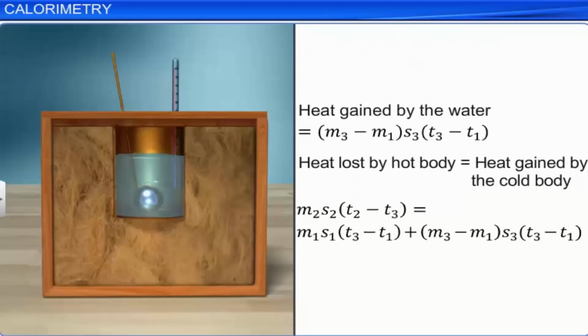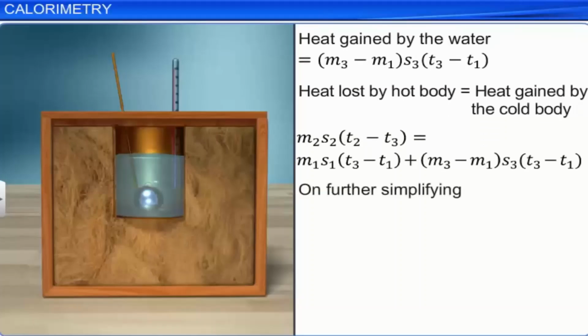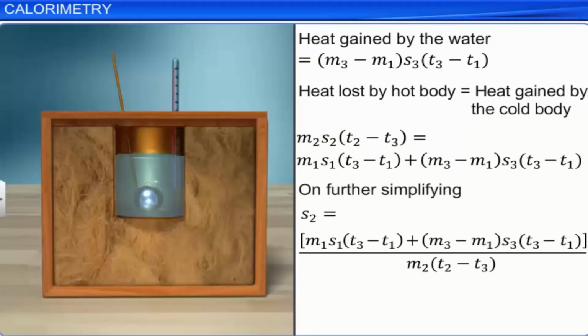On further simplifying, S2 equals [M1 into S1 into (T3 minus T1) plus (M3 minus M1) into S3 into (T3 minus T1)] by [M2 into (T2 minus T3)].